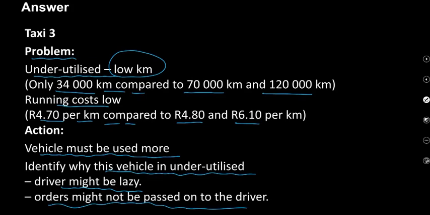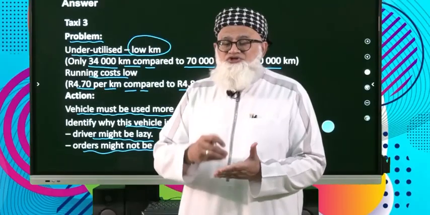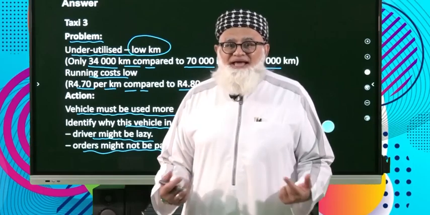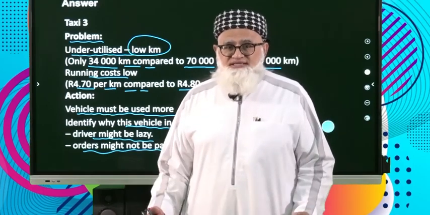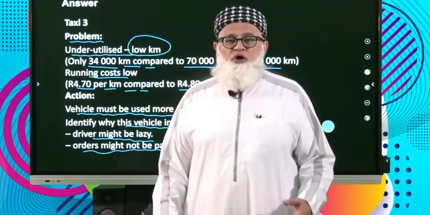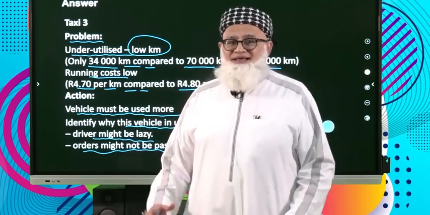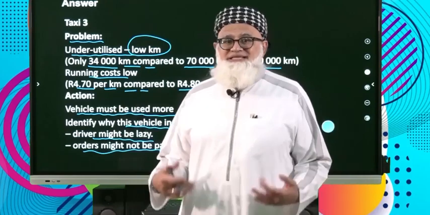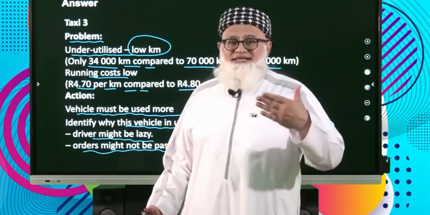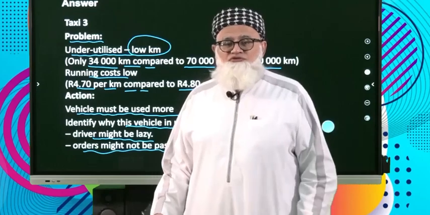So in other words, what are we saying here? You can clearly see the question relates to fixed assets and the utilization of the fixed asset. So one type is where we do a question based on the calculations, and this type of question is an interpretive type of question where you are given information and you have to identify areas of concern.